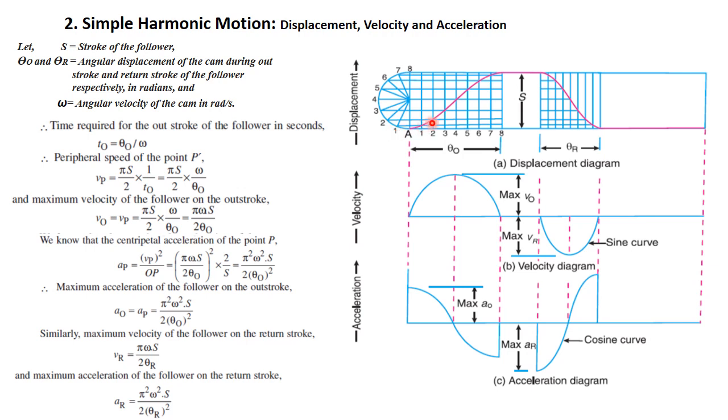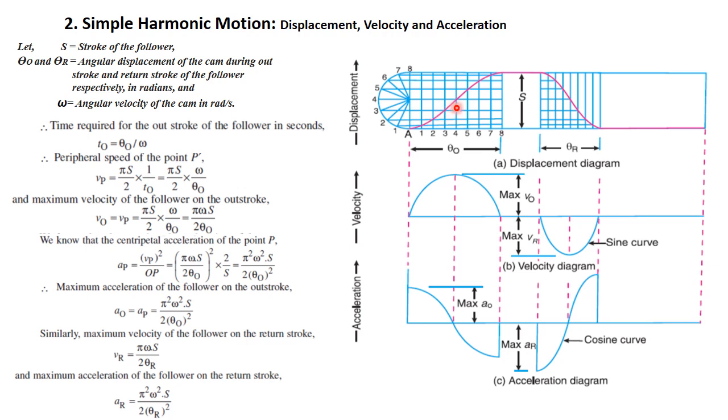In this way we get points 1, 2, 3, 4, 5, 6, 7, 8, and then we draw a smooth curve with the help of a French curve, and we can see that this curve is no longer a straight line. As this is no longer a straight line, we cannot say this is uniform velocity. Definitely the velocity will not be uniform.